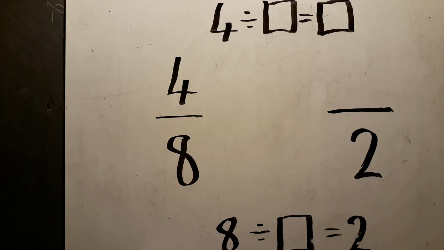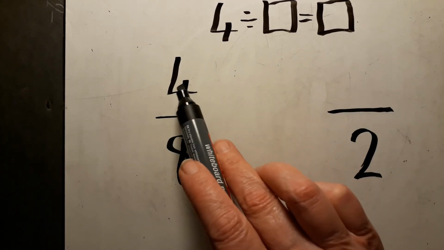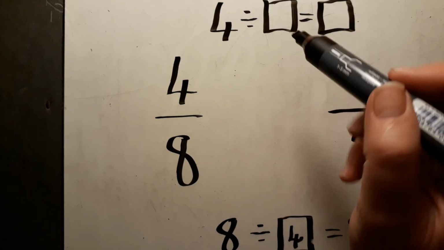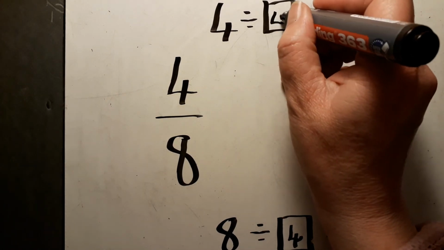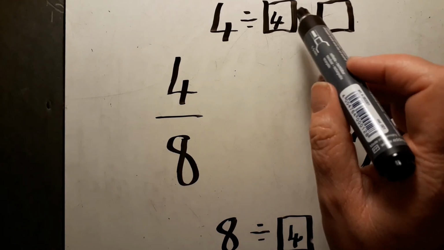And you guys are rock stars, and you really need to know your times tables to be able to do fractions well. So 8 divided by 4 is 2. So when I'm looking at my numerator, I need to do 4 divided by 4, because whatever I've done to the bottom I need to do to the top.